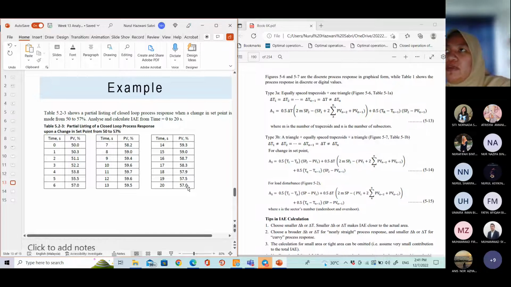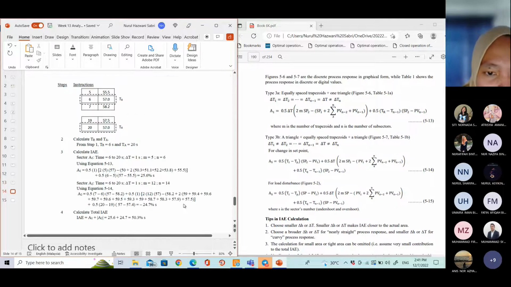left and also the right side, you will have two triangles. You can see here, you total up from 58.2, which is PV1, and you start with this one.